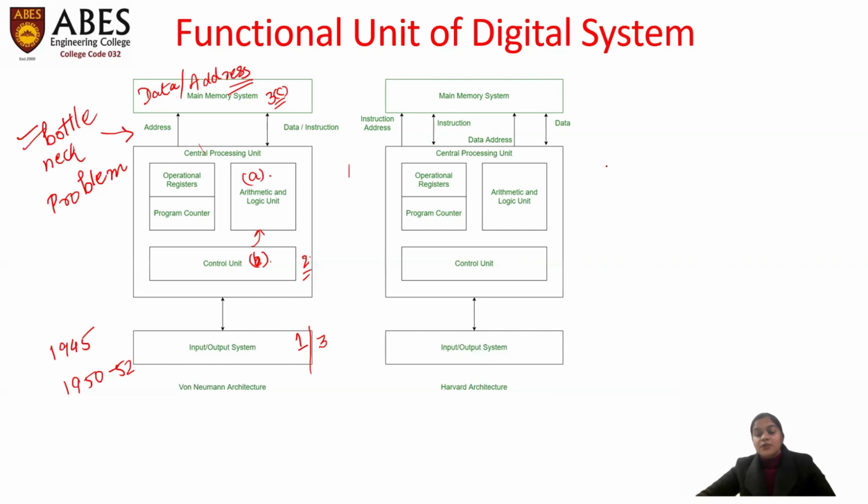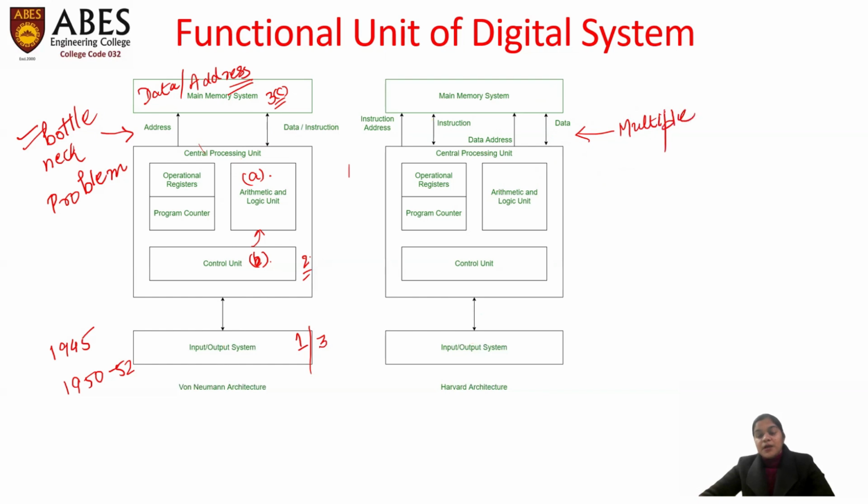Why? Because in von Neumann architecture we have only one communication pathway for transferring and fetching data, whereas in Hardwired architecture this section comprises multiple pathways.